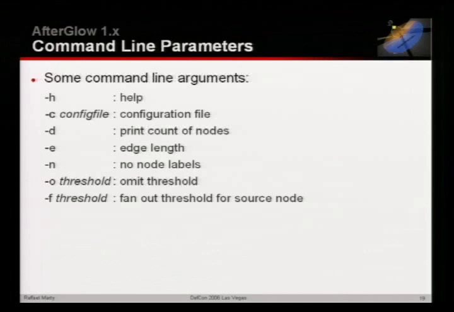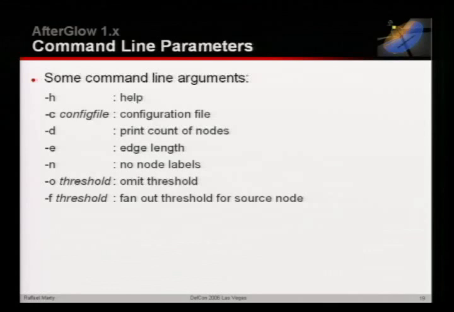Then you can use -D, and that basically adds the count of how many times the node showed up into the node itself. So you can kind of figure out what was more severe than other things because you might have seen them a lot of times. Then there's an easy way to change the edge length. You just say -E and then give a number. That's basically the default edge length that it uses to have the nodes separated.